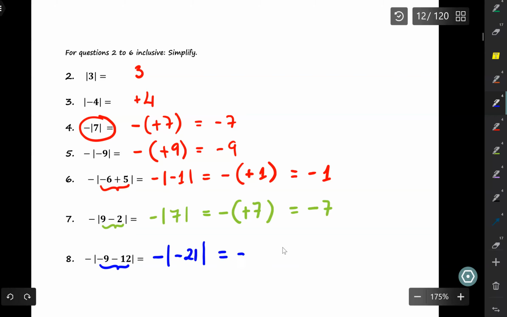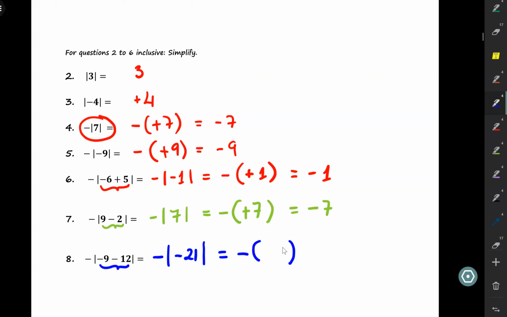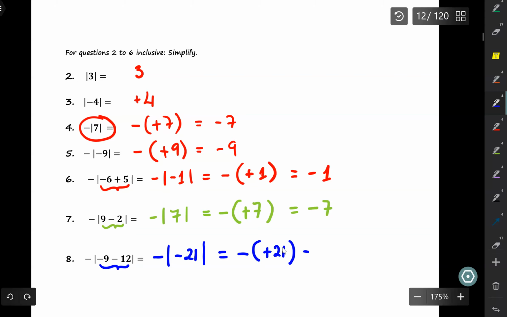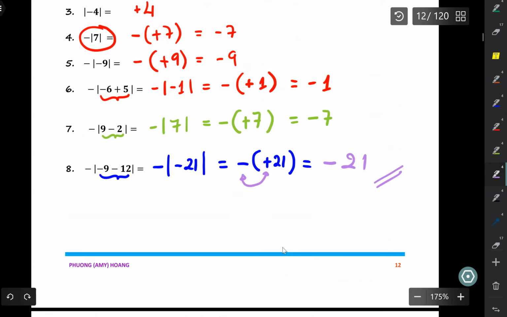Your next step is to take away the absolute value notation. Turn negative 21 into a positive 21. Now you see that negative times the positive will give you a negative, and you will have the answer as negative 21. Alright, thank you.